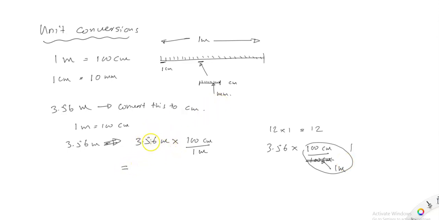So here you see 3.56 meters, and meters cancel out. That is just 1 under the line, that's not going to do anything. So we have 3.56 multiplied by 100 centimeters equals 356. The remaining unit is centimeters.